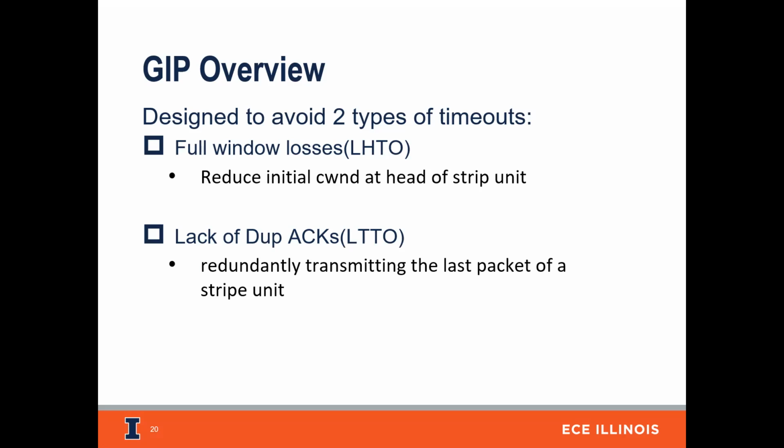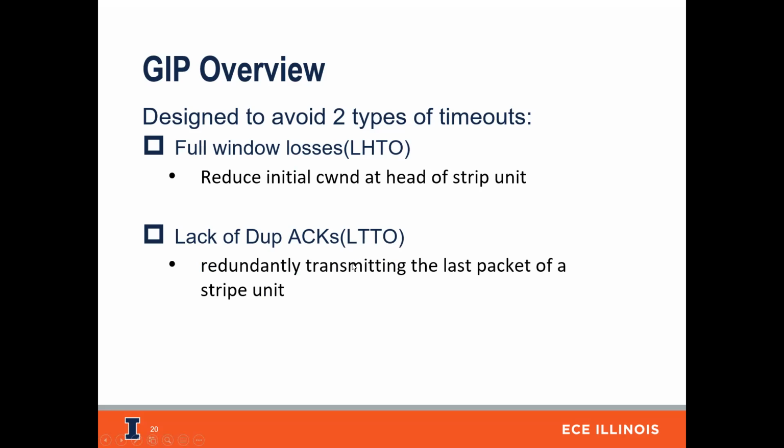Since the timeout is the root cause of the TCP incast issue, GIP is designed to avoid 2 kinds of timeouts. One is full window losses, which is LHTO, and the other one is lack of duplicate ACKs, which is LTTO. It reduces the initial congestion window of each sender at the head of the stripe unit for avoiding full window loss.